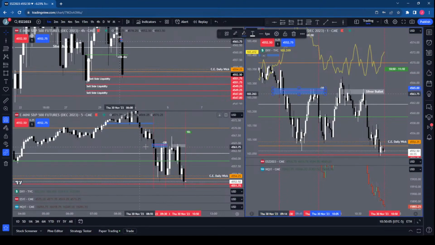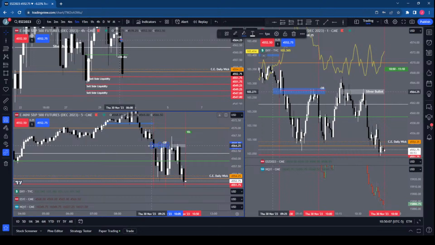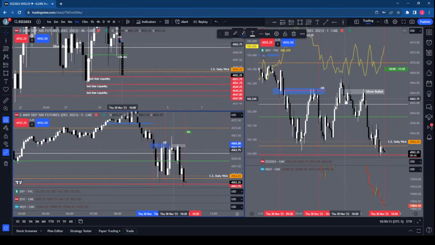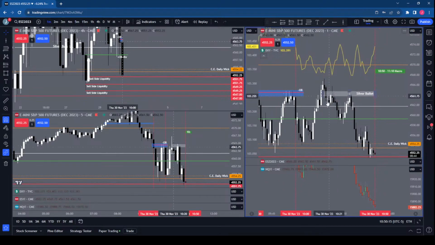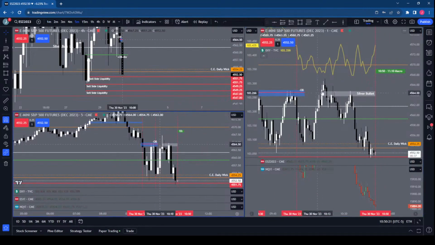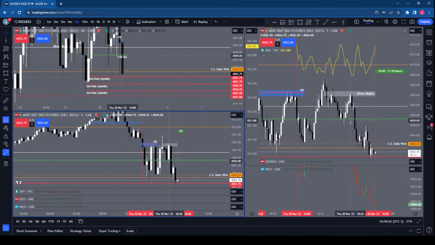The body respected this 5 minute fair value gap. So when this 5 minute candle closed and then it printed this down close candle, you had enough logic behind it to enter there and put your stop here, and then it would have delivered.